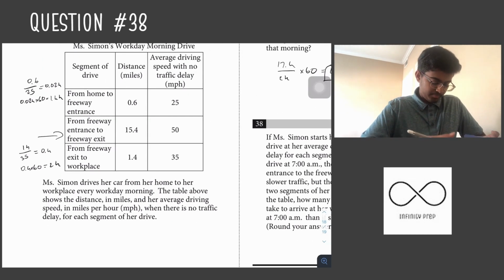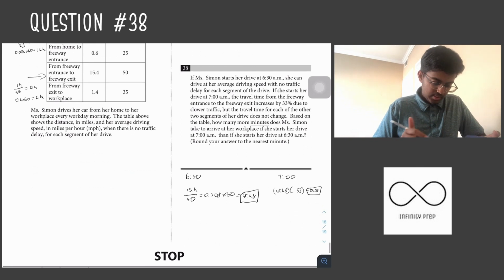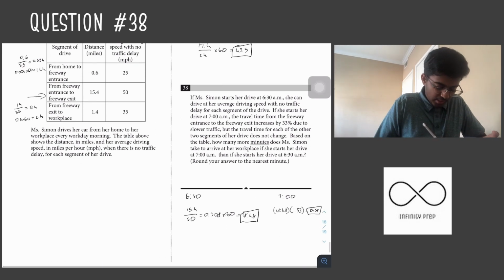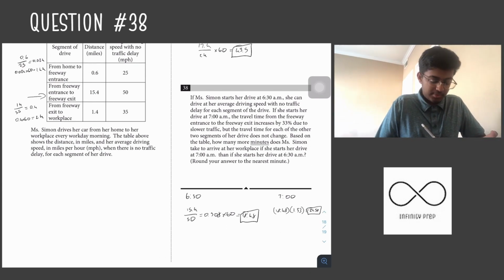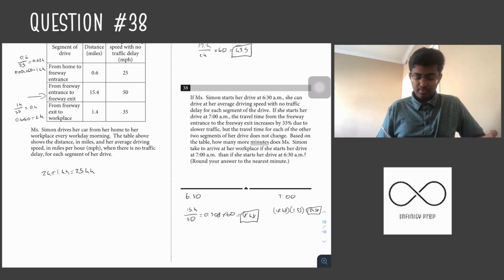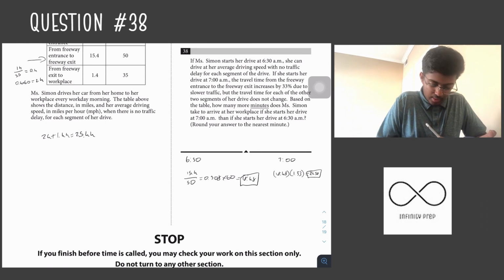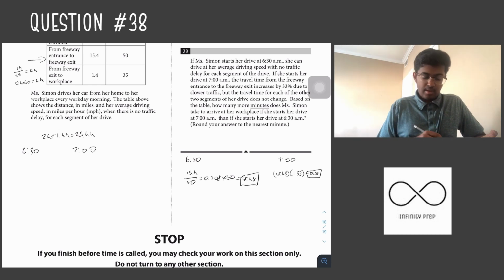So we have 24 and 1.44. The first and third segments are the same for both 6:30 a.m. and 7 a.m. start time. So 24 plus 1.44 is 25.44. That's the same for both 6:30 and 7. Now we just need to add 18.48 to find the time it takes to travel at 6:30, and 24.58 for the time it takes to travel at 7.